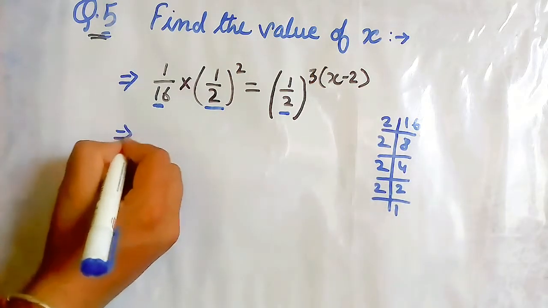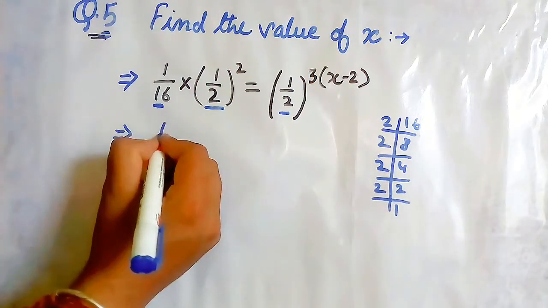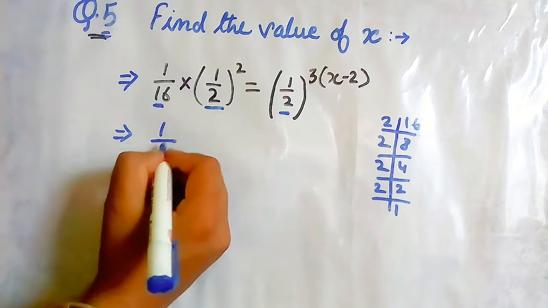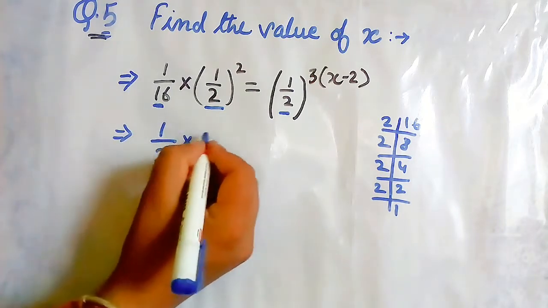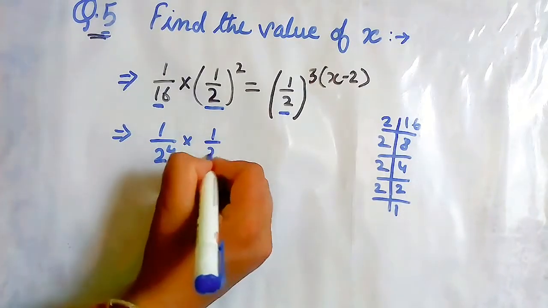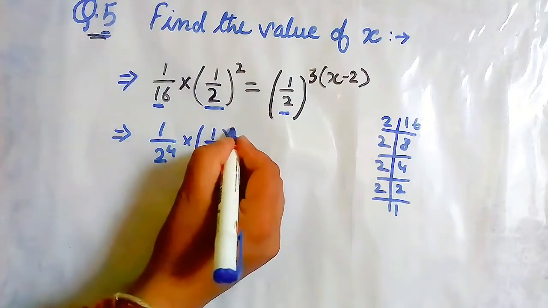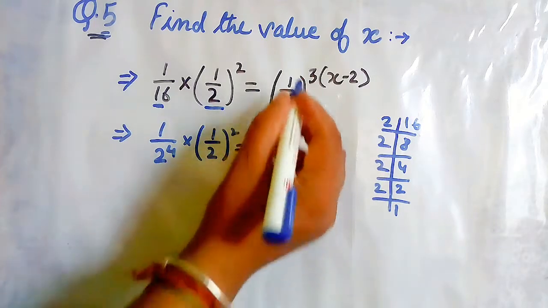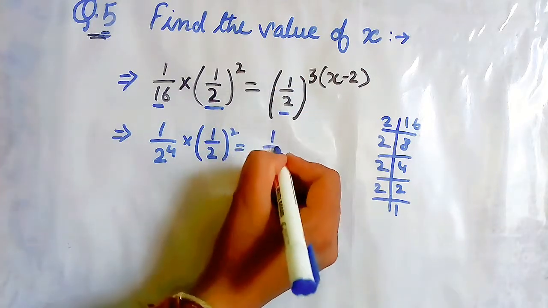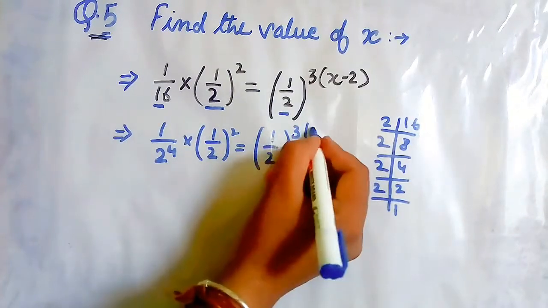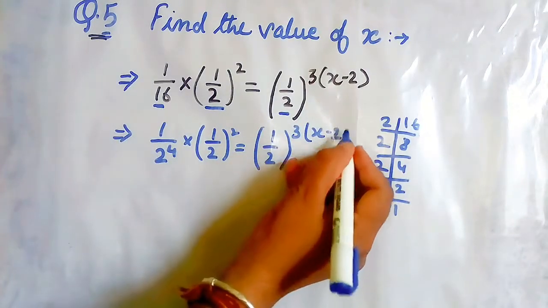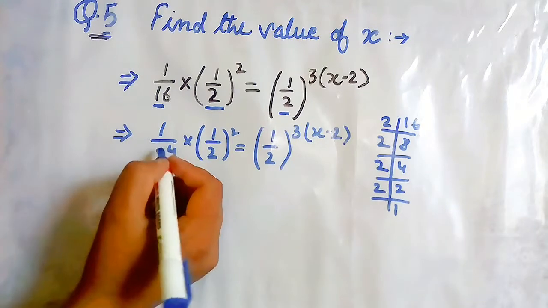So 1 upon 16. I told you the bases must be the same. So to make the bases the same we are doing this. It can be written as (1/2)^4, and (1/2)^2 as it is, and the right side also as it is, (1/2)^(3 times (x minus 2)).